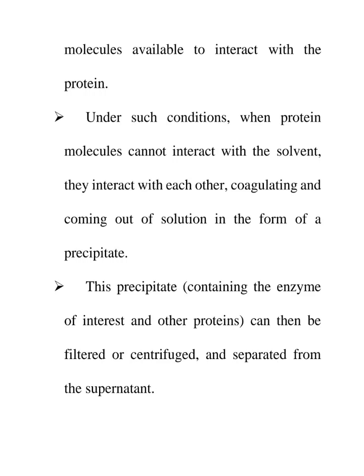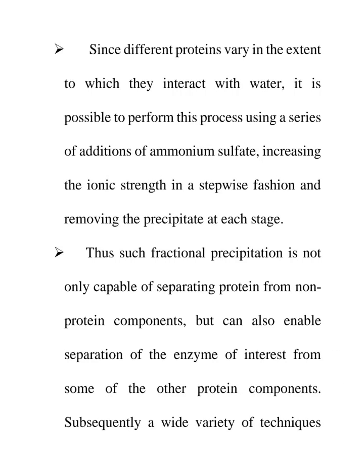This precipitate containing the enzyme of interest and other proteins can then be filtered or centrifuged and separated from the supernatant. Since different proteins vary in the extent to which they interact with water, it is possible to perform this process using a series of additions of ammonium sulfate, increasing the ionic strength in a stepwise fashion and removing the precipitate at each stage.